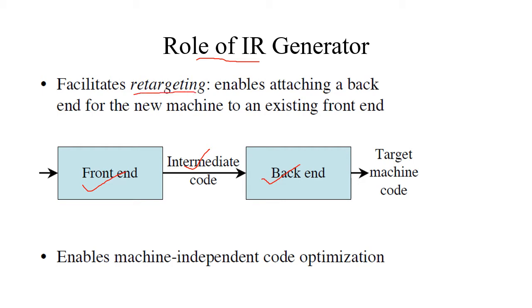Retargeting means everything up to here will be the same, and we can change the back end. For example, if you have a compiler for a Windows machine for a particular language C, you can reuse the front end and make a compiler for a Linux machine.